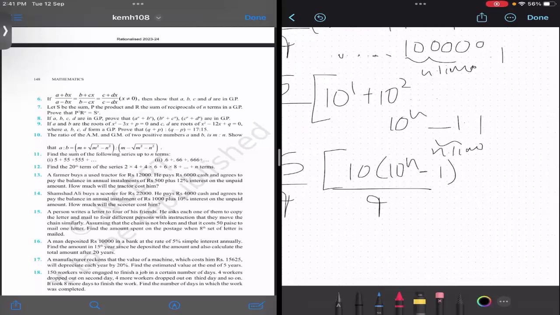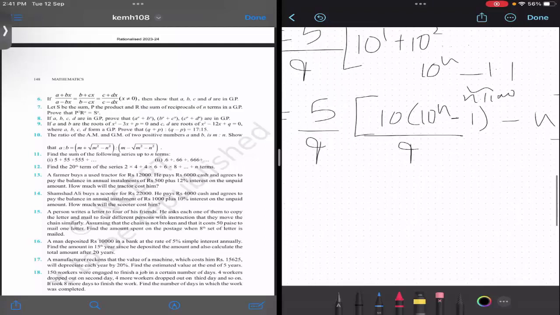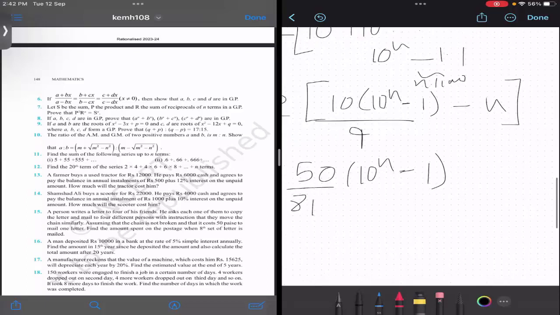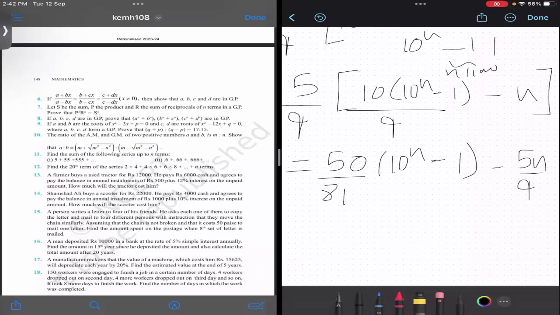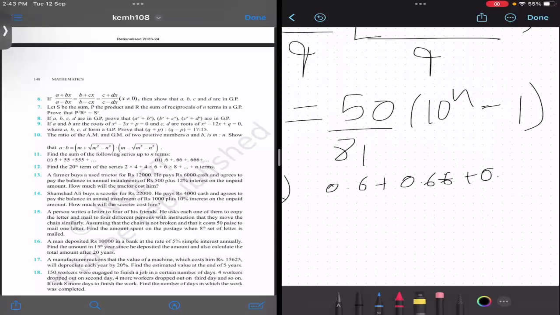So r minus 1 would be 9, right? In the brackets, you have minus n. Multiplying this into the brackets, you would have 50 upon 81, 10 raised to power n minus 1, minus 5n by 9.